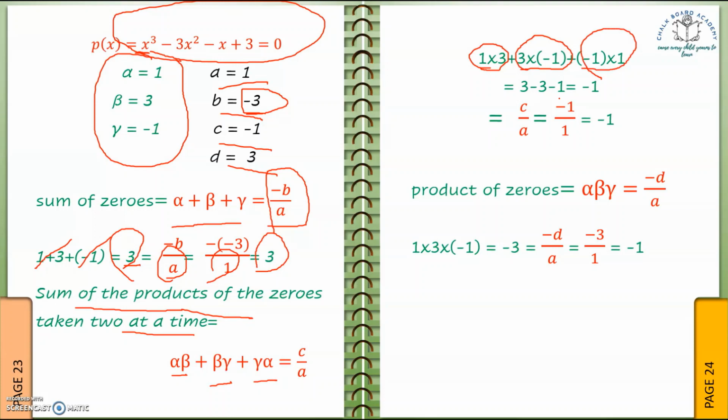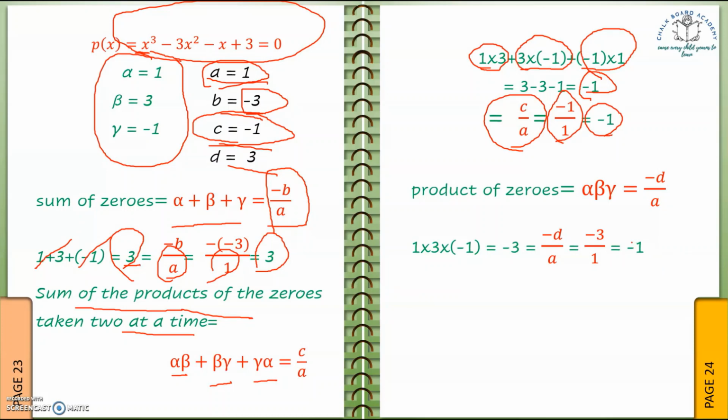So 3 minus 3 minus 1, the answer here we get is -1. Now C here is given as -1 and A we know is 1. So here we get C by A, that is equal to -1 by 1, which is equal to -1. So it is also proved here.